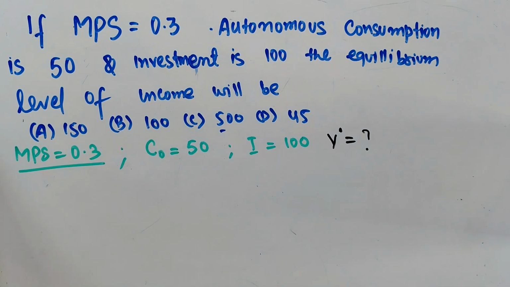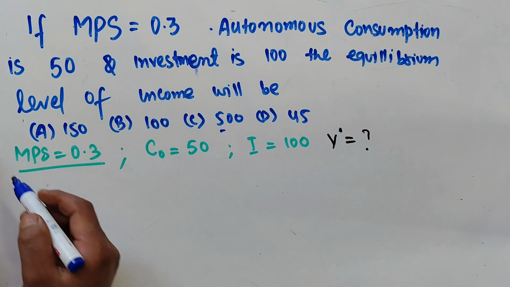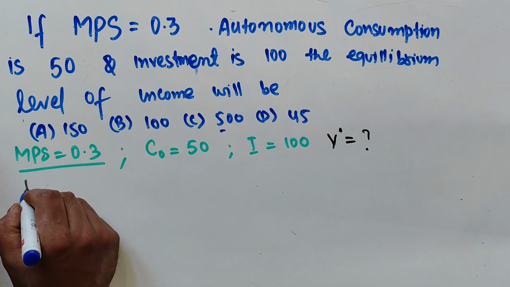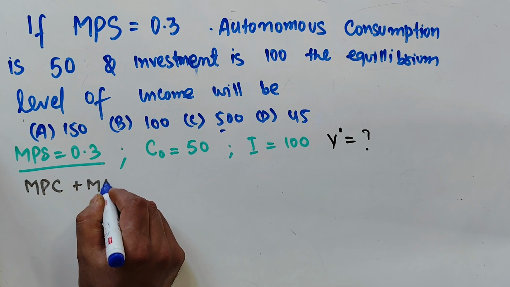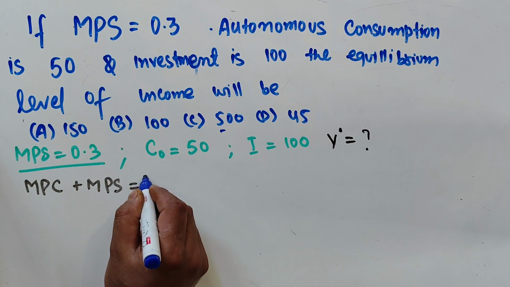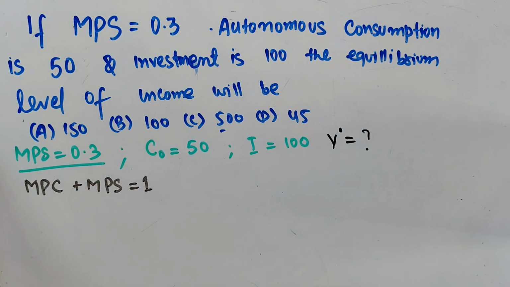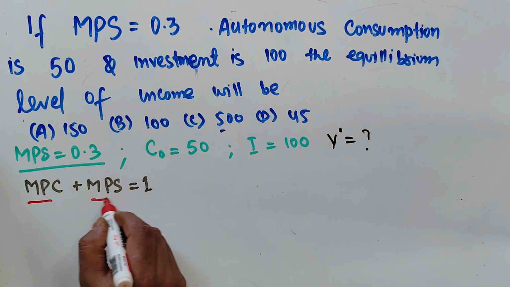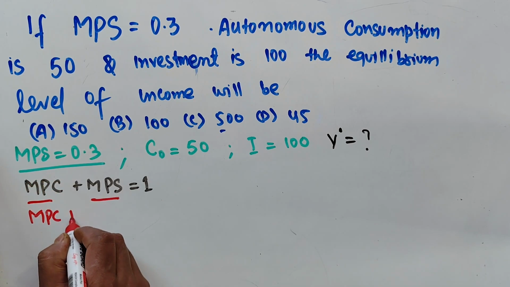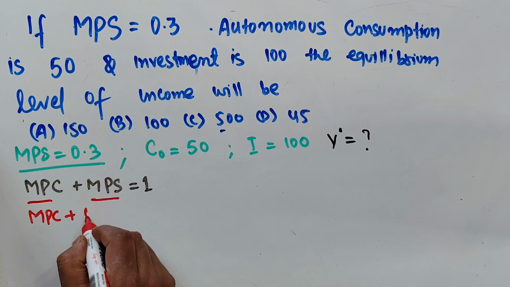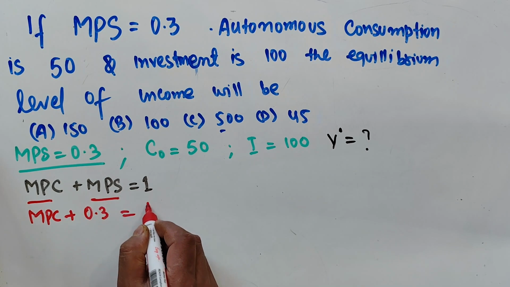Given this, we know the relationship that the sum of marginal propensity to consume and marginal propensity to save is equal to 1. So we have MPC plus MPS, which is 0.3, should be equal to 1.